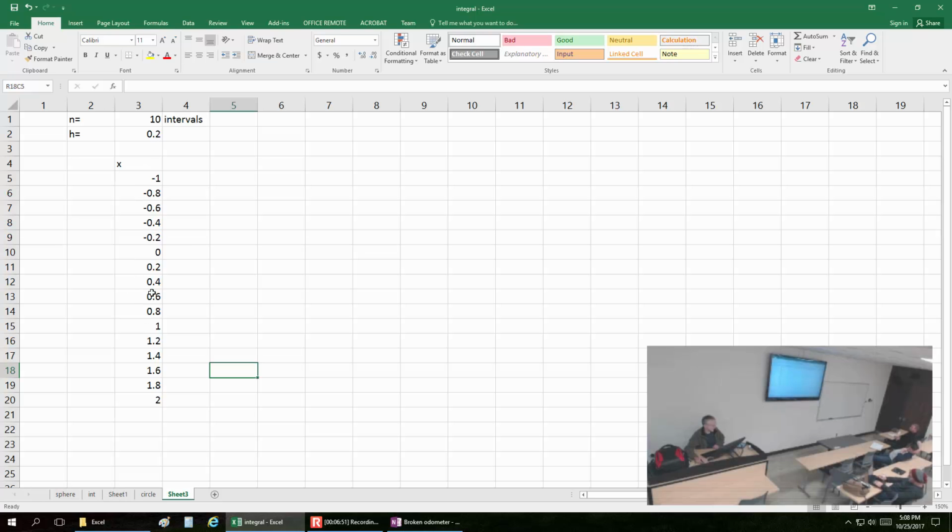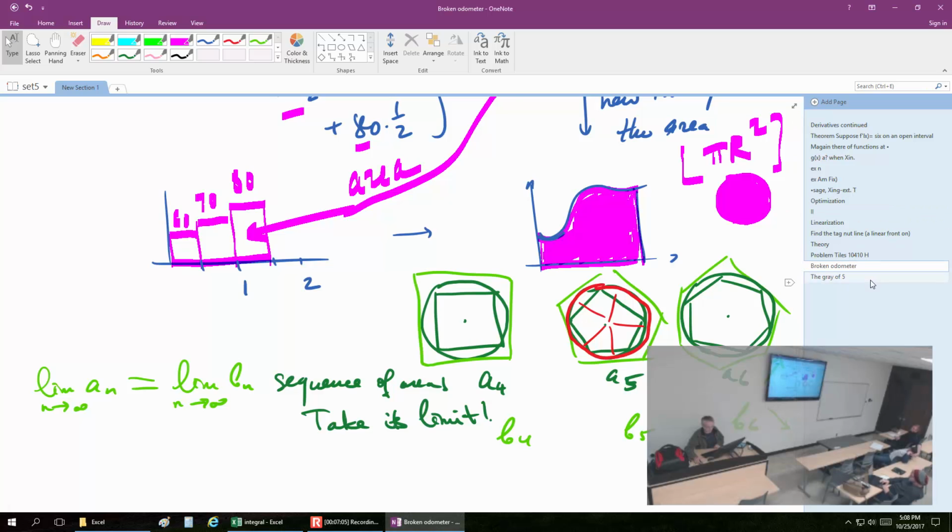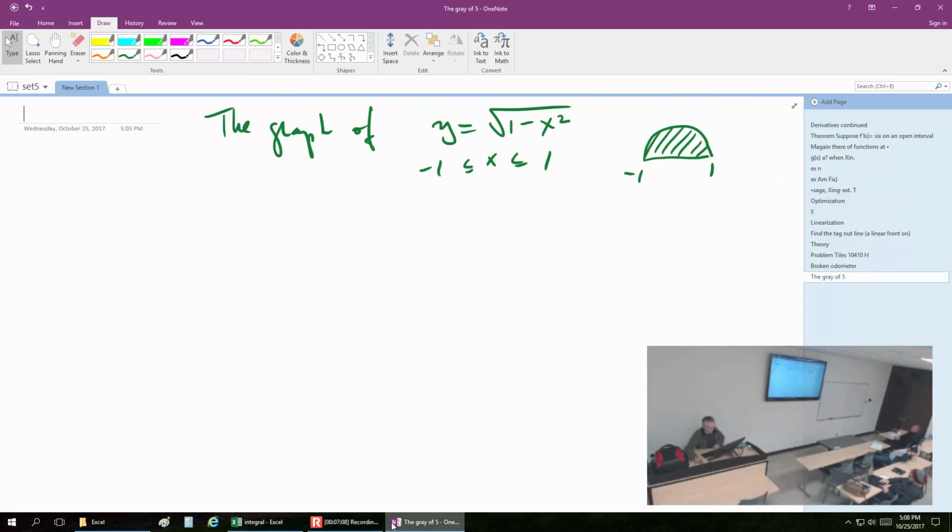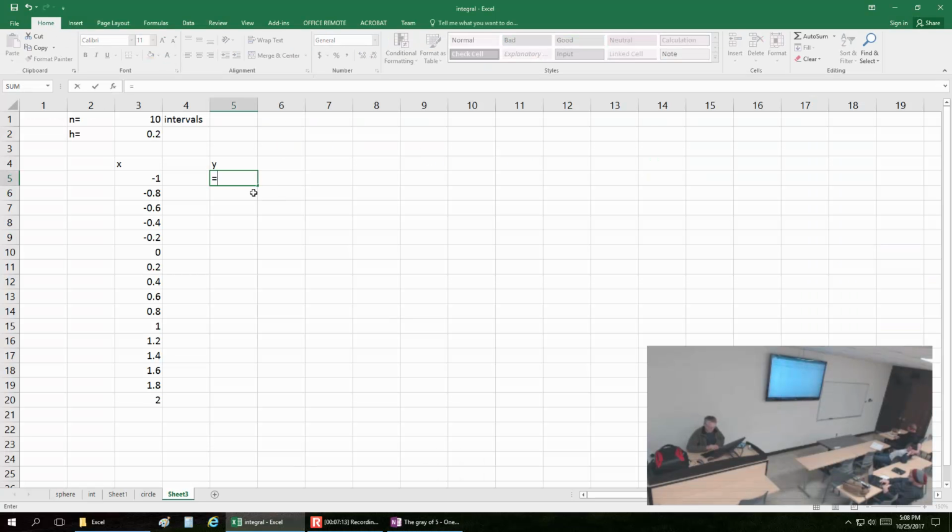These are the 10, or rather 11, points between -1 and 1. 11 points, 10 intervals. Then over here, I will be plotting y's according to the formula. So I have to plug in the formula now. That's easy. We've done this before, so I'm writing equal to square root of 1 minus this thing squared.